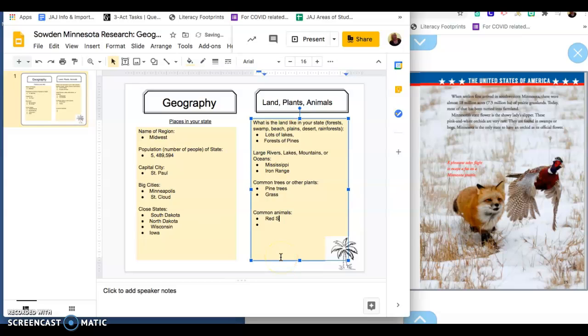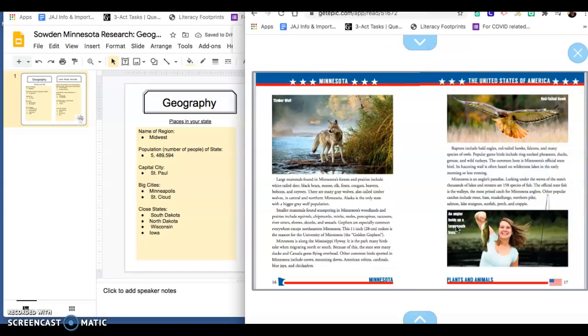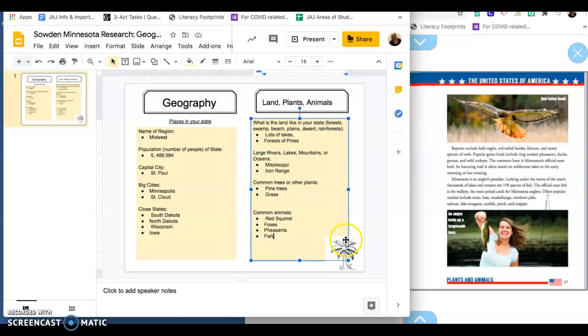Red squirrel, foxes, pheasants. We also have a lot of fish here because we have a lot of lakes. And here's some other ones, the timber wolf, the red tail. You can fill in any of these. So you can fill in as many as you want to.